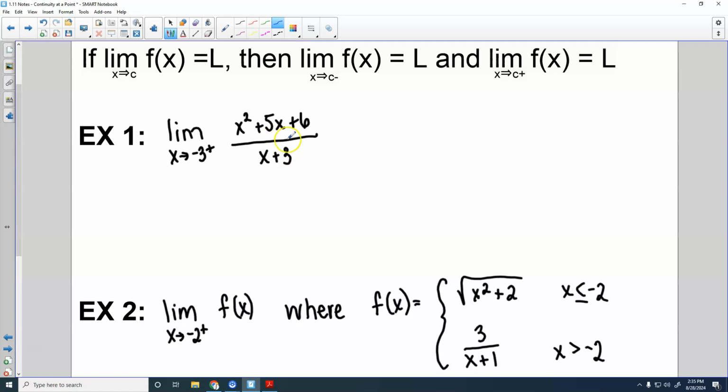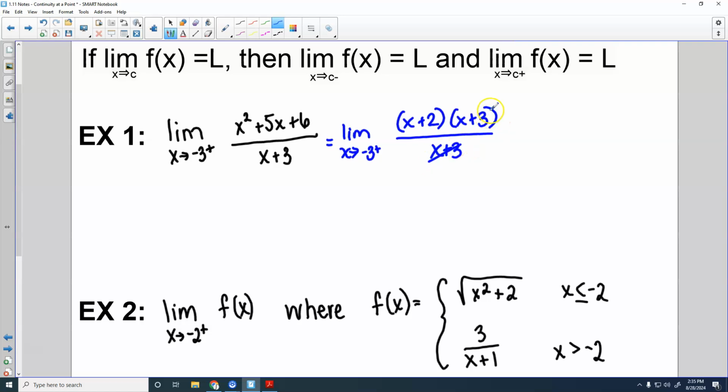So for this, if we plug in -3, we're definitely getting a 0 in the bottom. So that would be 9 minus 15 plus 6. You'll get a 0 in the top as well. So you cannot solve this by direct substitution. You're going to have to use some sort of strategy. What would you guys suggest for this? Factor and cancel. So we're going to do the limit as x approaches -3 from the right of (x plus 2)(x plus 3) over x plus 3.